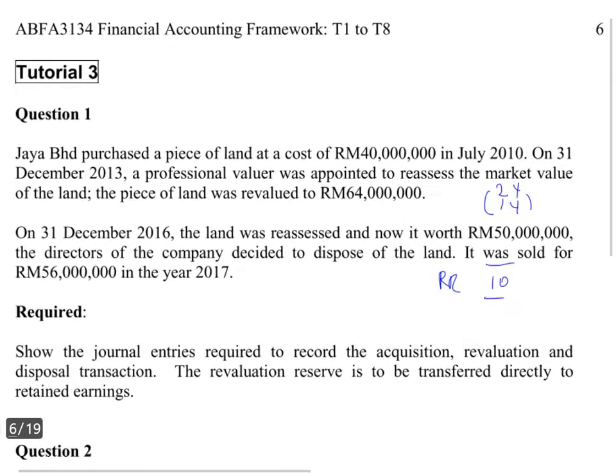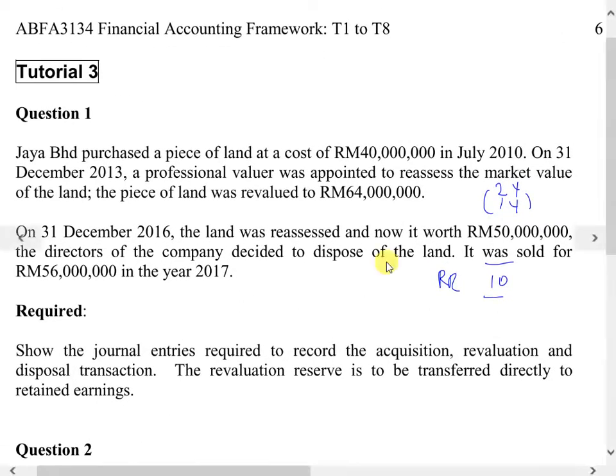You tell me, I buy for 40 million. A professional valuer values it at 64, from 40 to 64. RR how much? 24. Okay. Then down to 50.